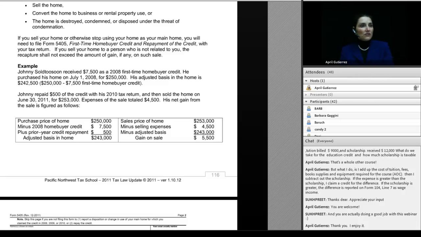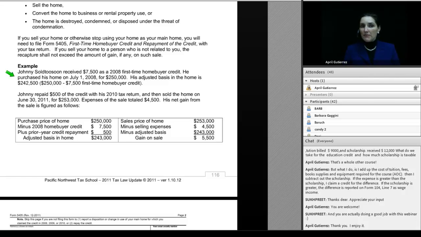Then they also had this long-term resident credit, which said if you owned and occupied your home five out of the last 7 years, something along those lines, I don't remember the details now, that you could get a credit of $6,500 if you bought another new home. So that credit is out there as well, called the long-term resident credit. But that's kind of in the history now. I'm not really talking about those credits so much because they're in the past, except for one exclusive group of people I'll talk about a little bit later.